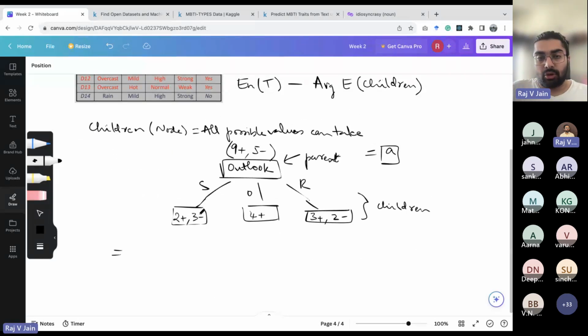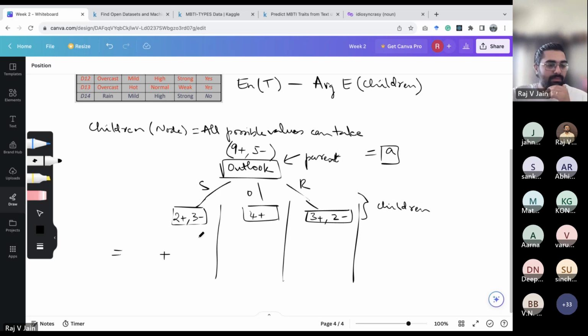So the entropy in this particular node, which has 2 positives and 3 negatives, would be, anyone want to take a gander? What will be the entropy for this node? It's 0.94, I guess.